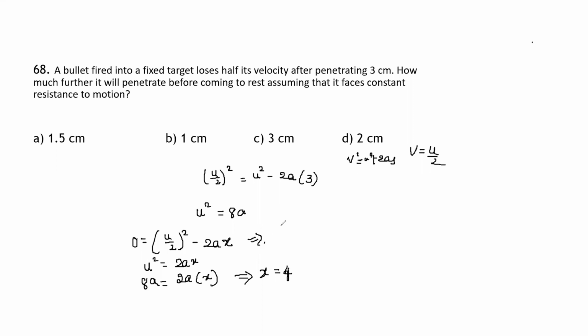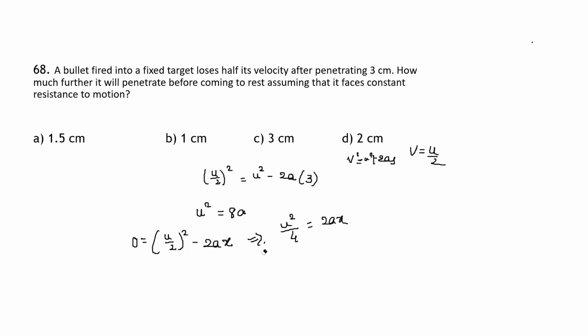This implies u square divided by 4 is equal to 2a into x. What I am writing is 0 is equal to u by 2 whole square minus 2ax. I can write it as u square divided by 4 minus 2ax.